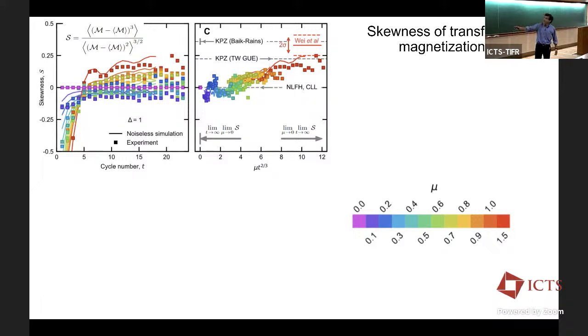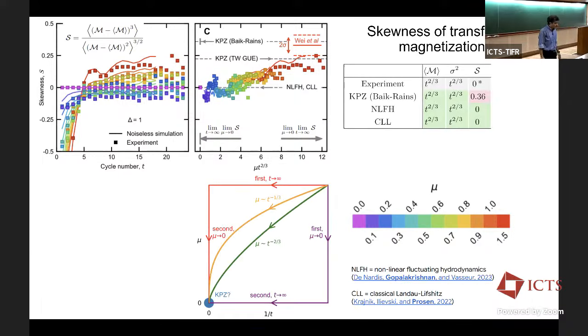And if I take the limit in this order, I would be here. You can see that the cold atom group, in fact, consistently fall into this limit. But what I like to argue is that we have to be on the other limit for this conjecture. That's where you got to be.